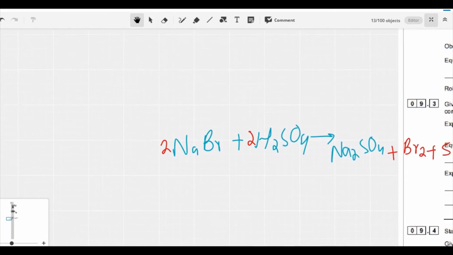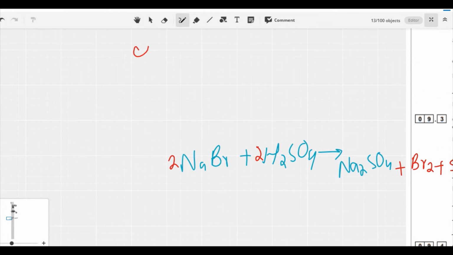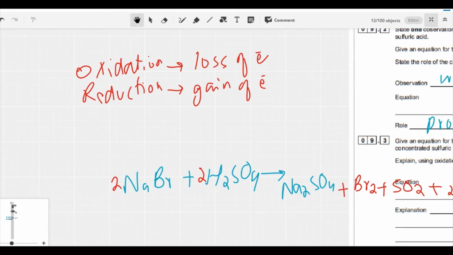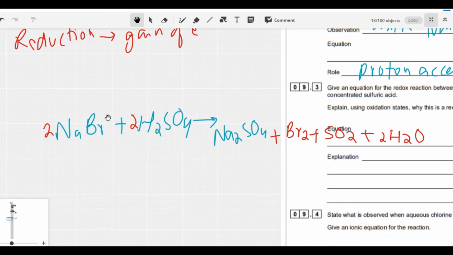As you know, a redox reaction contains oxidation and reduction. Oxidation is the loss of electrons, while reduction is gain of electrons. So in this case we have to identify which species will lose electrons and which will gain electrons.